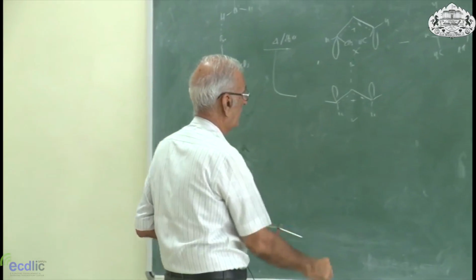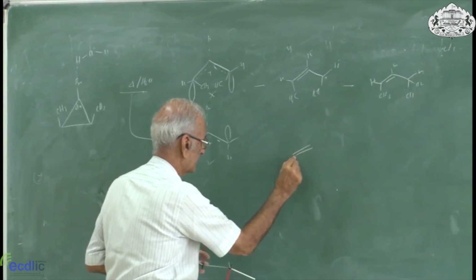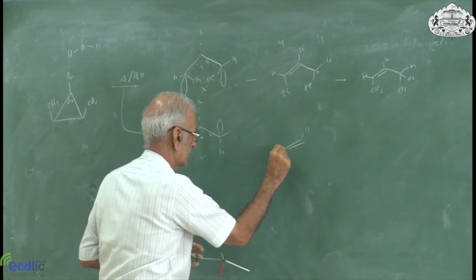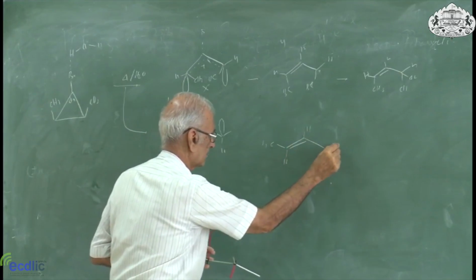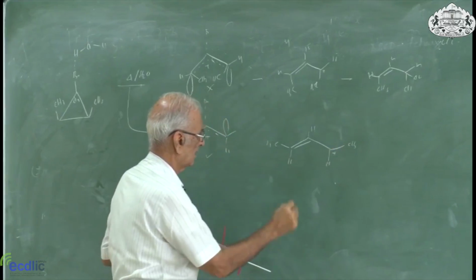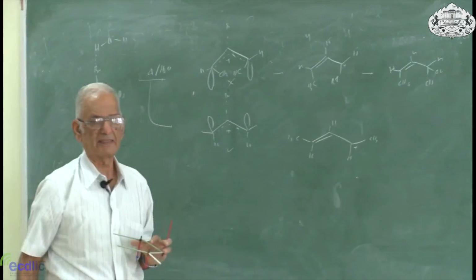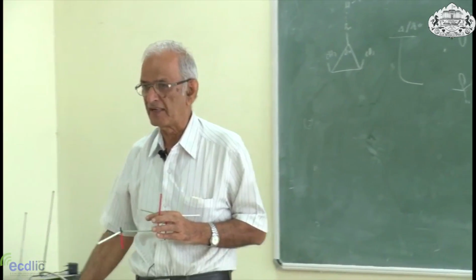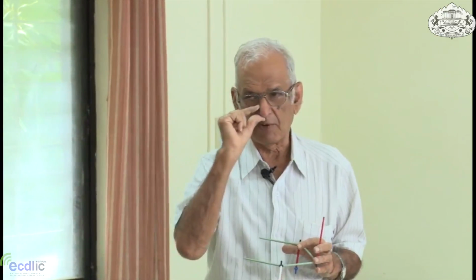If this was the product, the two hydrogens in the product should have been trans. The product has the two hydrogens cis. Therefore, not only is the reaction disrotatory, but my orbital should be on the opposite side of the carbon-bromine bond.